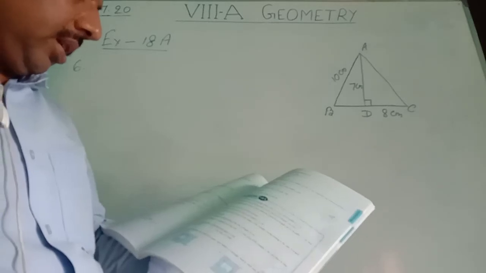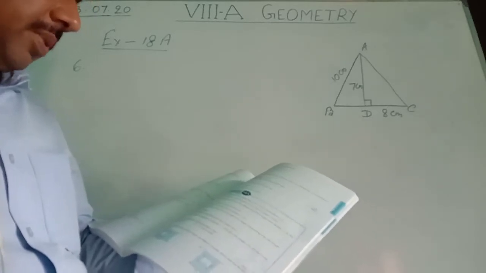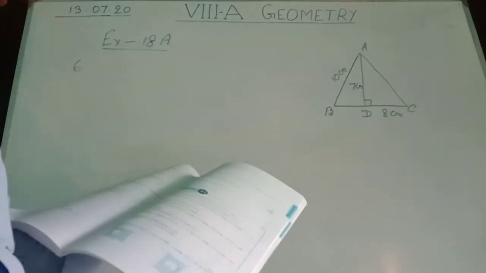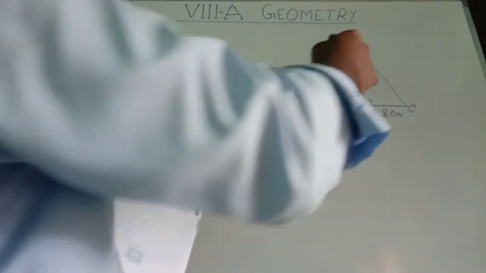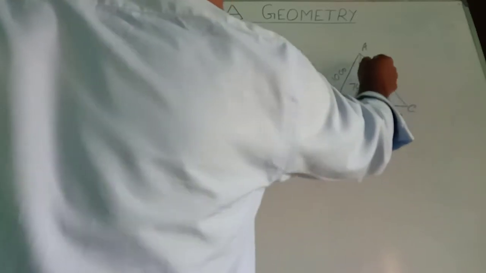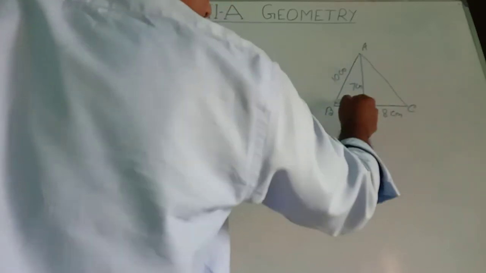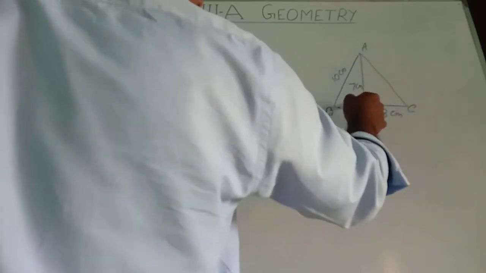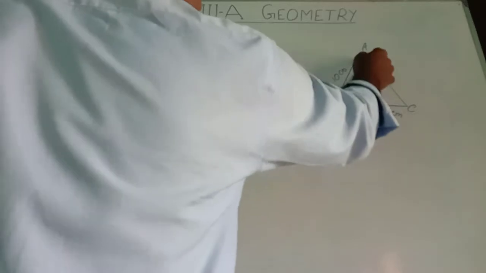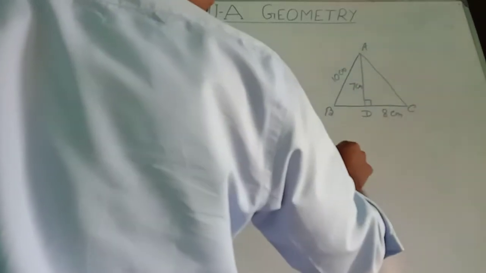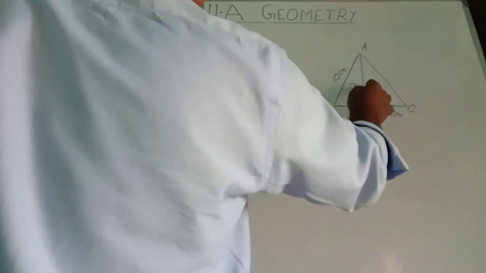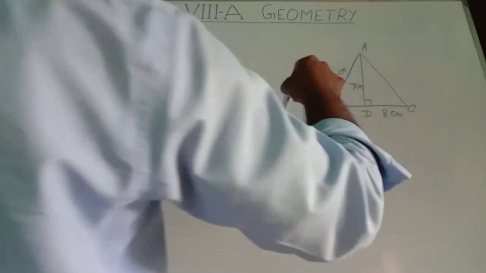And then the height of the triangle corresponding to the side of the length of 8 centimeter is 7 centimeter. This line AD is perpendicular to BC. So this AD is the height regarding BC. Means 7 centimeter is the height regarding 8 centimeter.